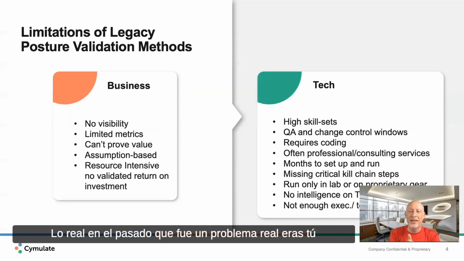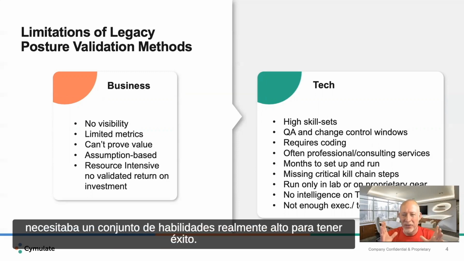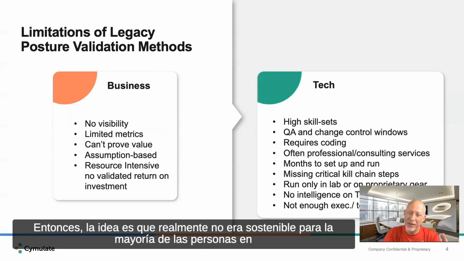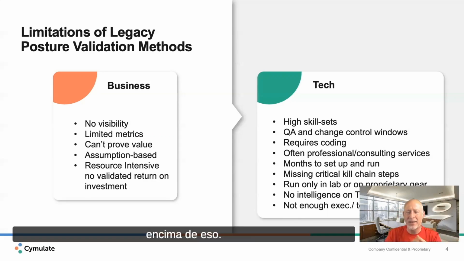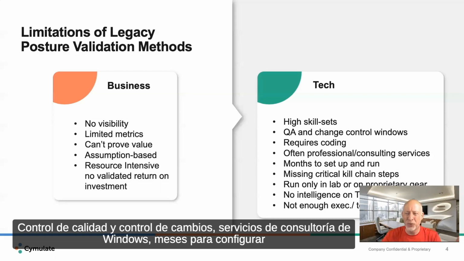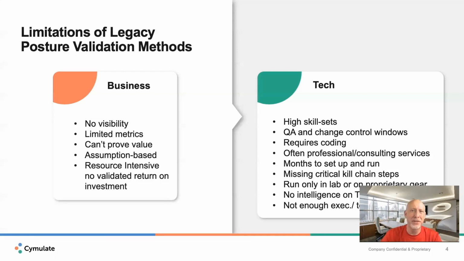From a technical side, the real problem in the past was that you needed a really high skill set to be successful. And as you know, in cybersecurity we have a resource deficit, and a lot of people are just beginning. So it really wasn't tenable for most people. On top of that, these rote manual ways of doing things often required coding, QA, change control windows, consulting services, and months to set up.